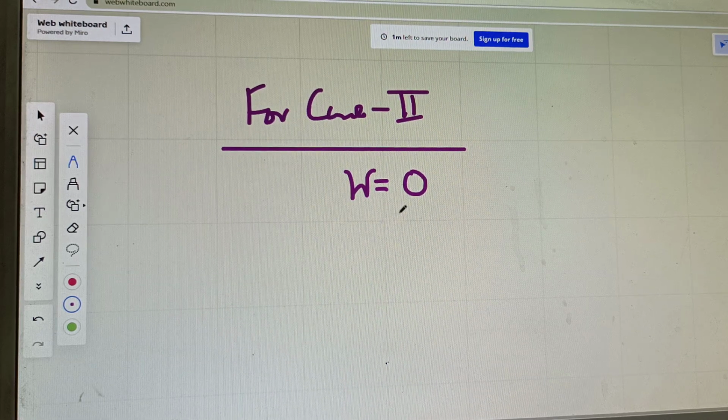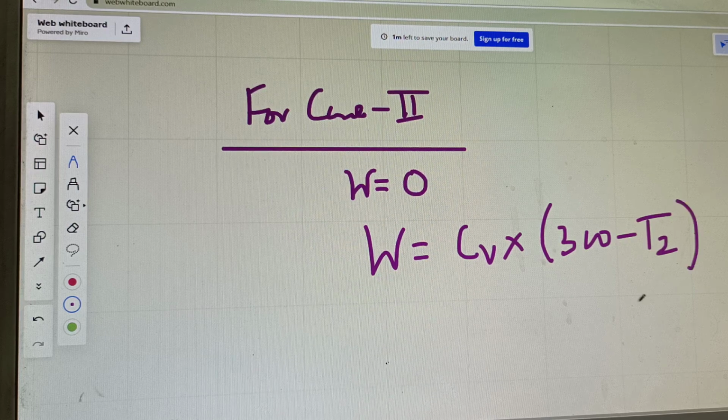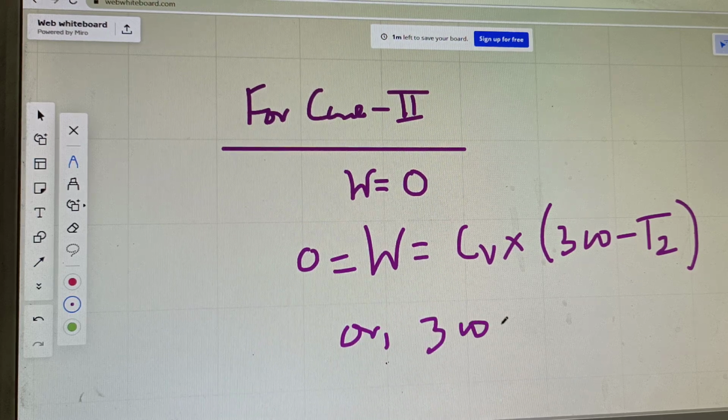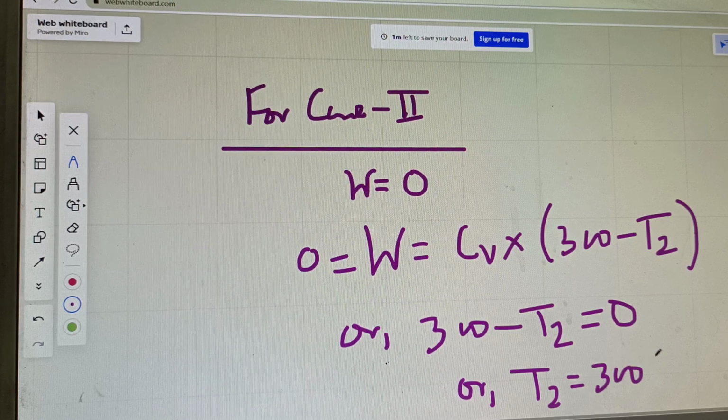Here W equal to 0, so we can write the formula again, CV into 300 minus T2 equal to 0. That means 300 minus T2 equal to 0, or T2 equal to 300 Kelvin.